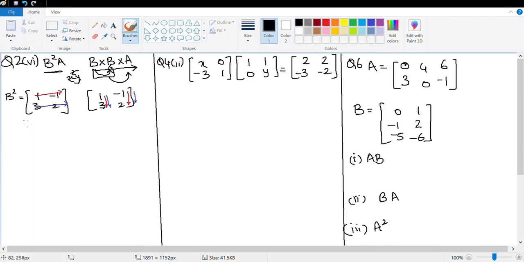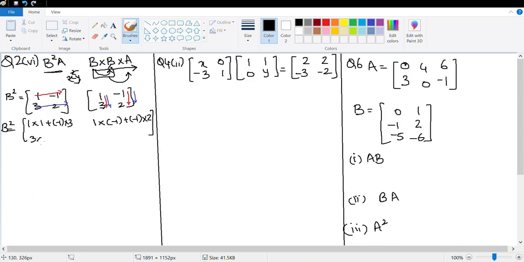Let's multiply. So this will be 1 into 1 plus negative 1 into 3. I'm calculating B square now. The second will be 1 into negative 1 plus negative 1 into 2. So first I multiplied with column 1, then with column 2.